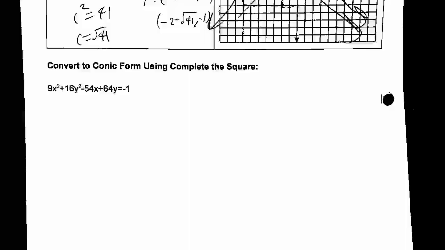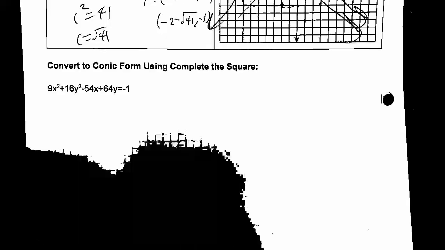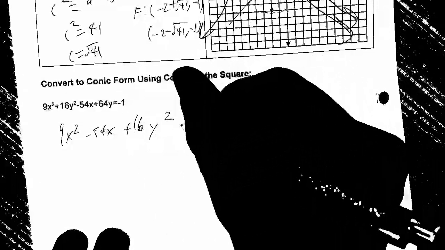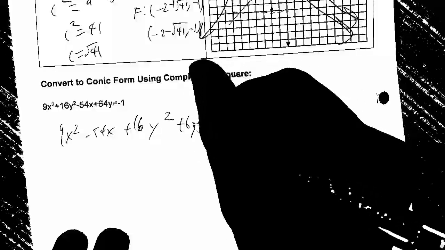All right, convert the conic. This is on your test. What do we do? Completing the square. So put the like terms next to each other: 9x squared minus 54x plus 16y squared plus 64y, and then move the 1 over, so plus 1.